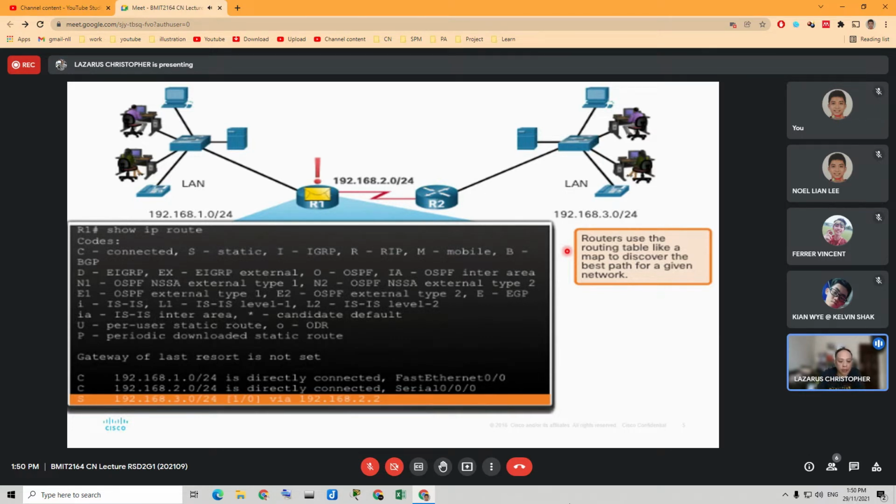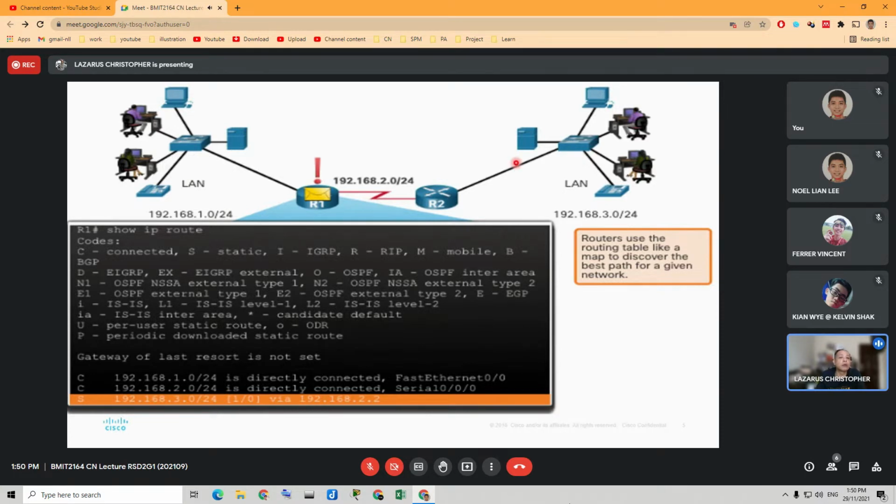So you can see here, this LAN where the packet originates from is 192.168.1.0/24. This is the network address for this LAN, and it needs to send the packet to a remote network, because it is at minimum one hop away.